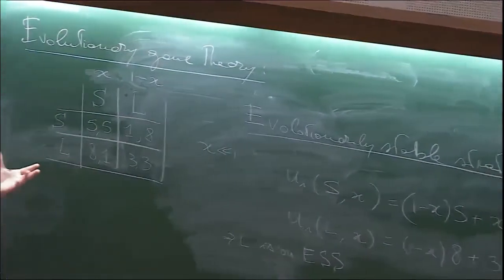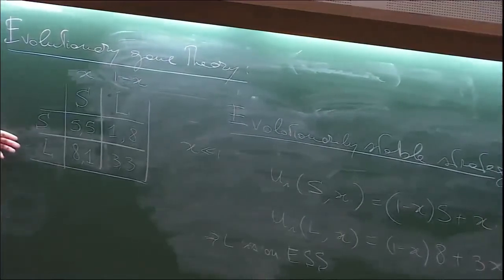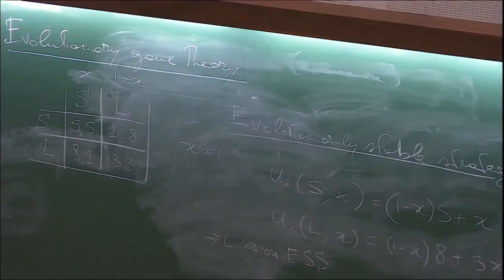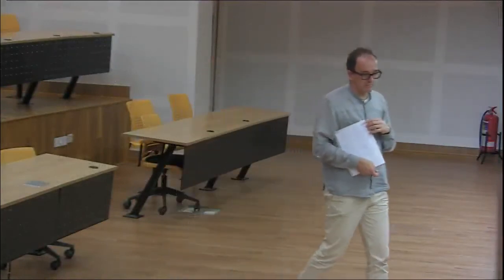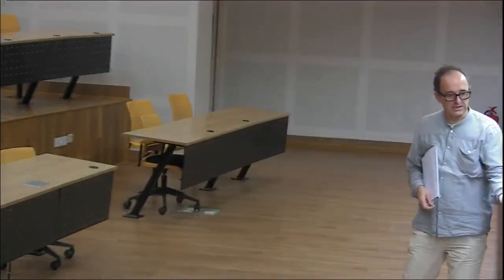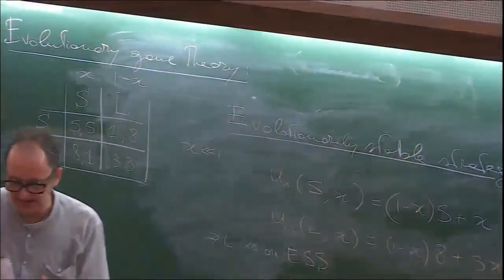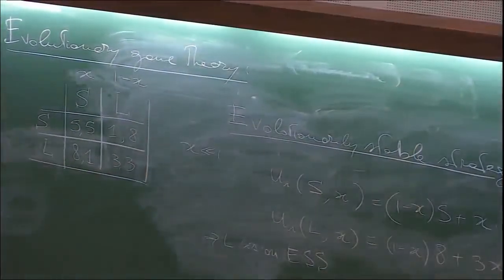So you can now think that in a situation like this, where you have a uniform population with some variance inside, evolutionarily stable strategies play the same role as the equilibrium strategies played in the Nash equilibrium.